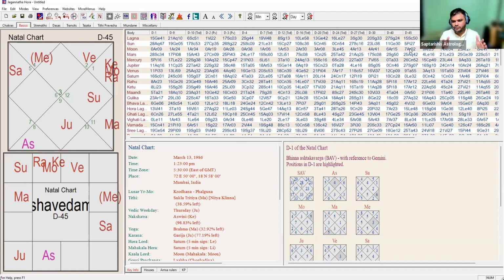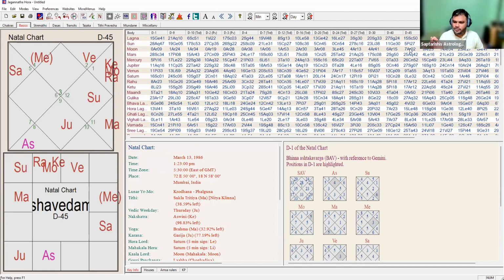But if you fall in the trap of this chart, then you are going in the wrong direction. Now you will use aspect, you use the house, everything you are going to use. That is a wrong manner to use divisional charts. Don't do this.